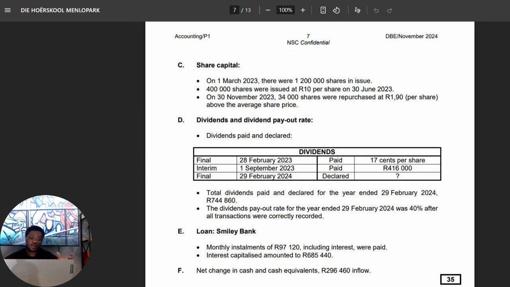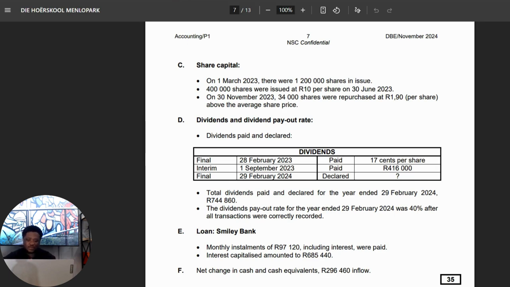So the dividend payout is basically your dividends over your net profit after tax. So let's see. Here we have an interim dividend given, which is 416,000, which has been paid. And then we have the total dividends declared and paid in the current year, 744, and that's basically the total that we got in our note there.